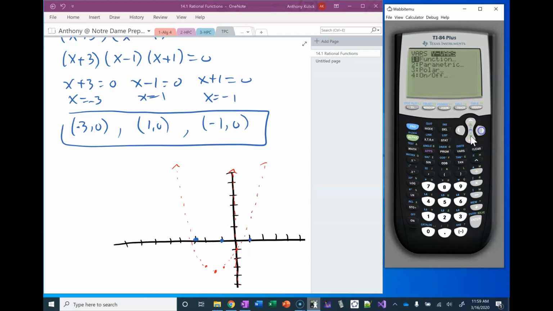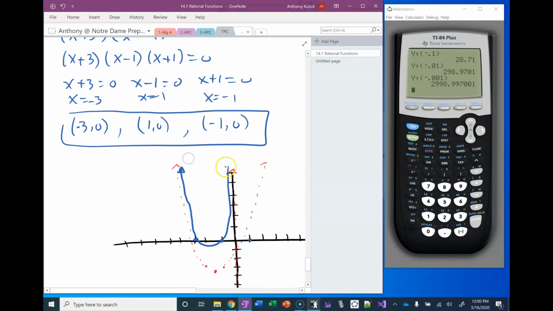And then I want that y1, and I want just on the other side of 0, so -0.1, and then we'll get progressively closer, so -0.01, getting bigger, and then -0.001, even bigger yet, so that tells me that on the left-hand side here, we're following the asymptote, and the other side's going to follow that other end of the parabola.